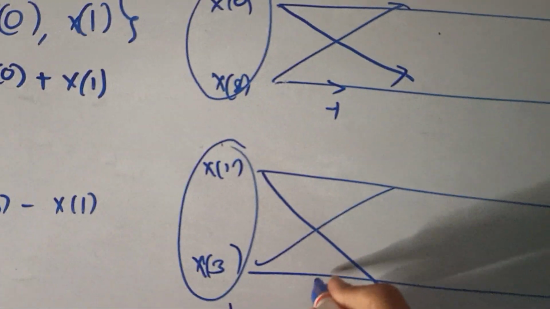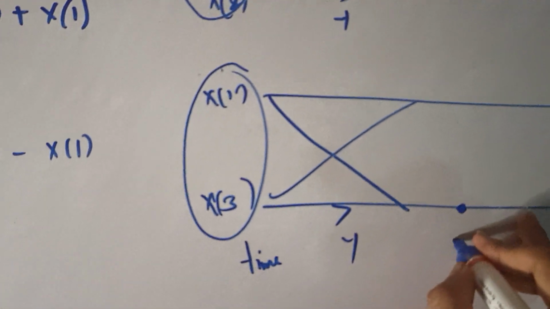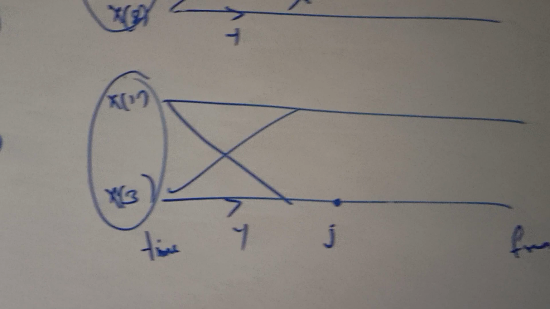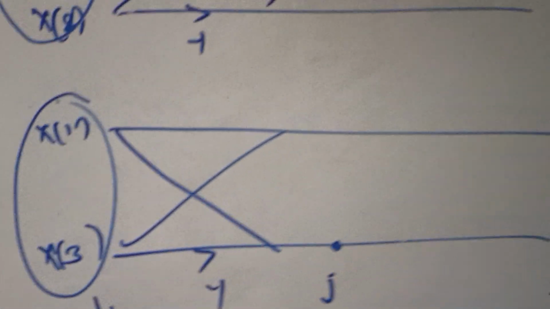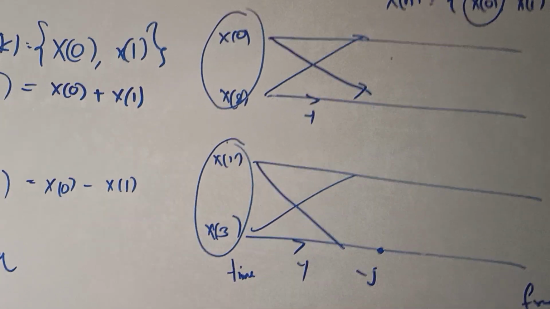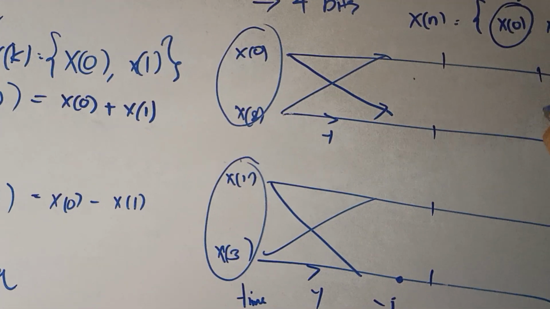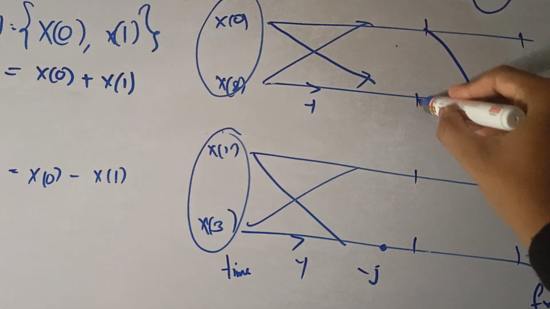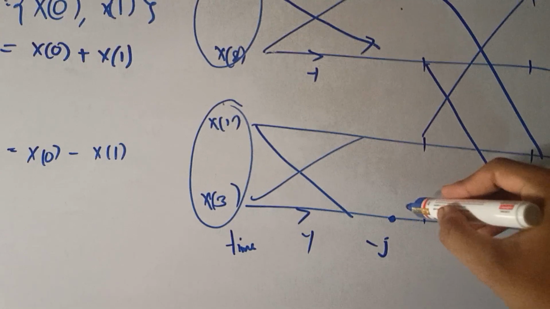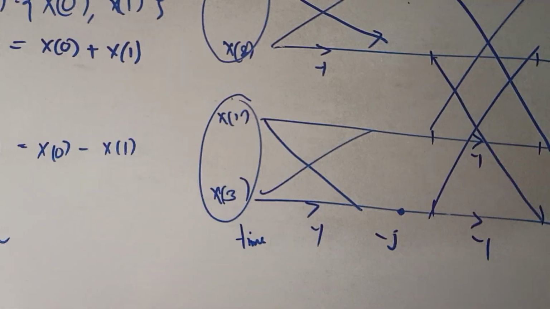Here there will be -1, here there will be -1, and here we must have minus j. Take the points from each line, leaving one line in between. Draw this structure. So here comes -1, here comes -1.